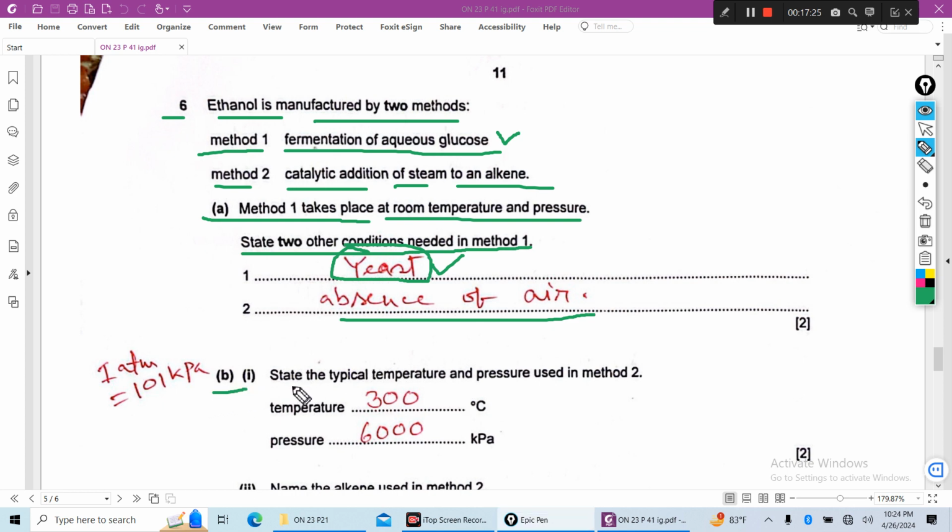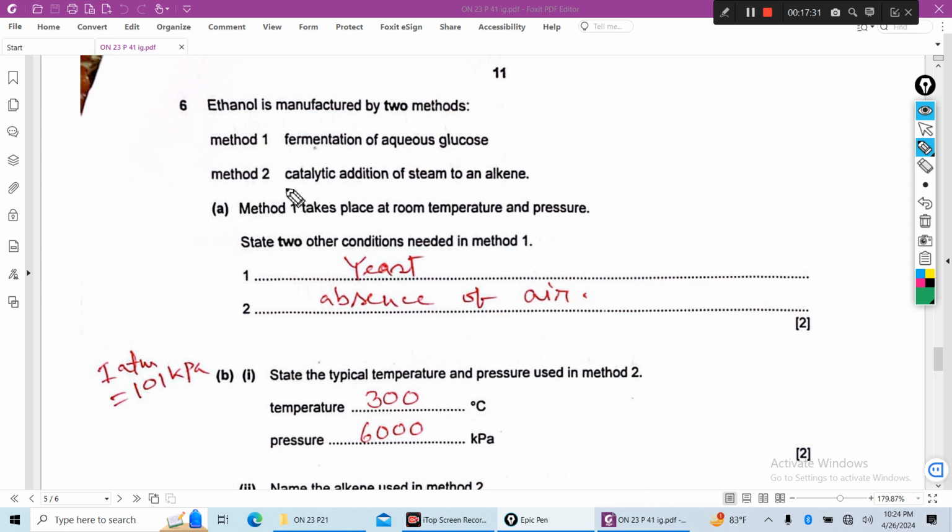B1, state the typical temperature and pressure used in method 2, catalytic addition of steam to an alkene. Temperature 300 degrees centigrade, pressure 60 atm.